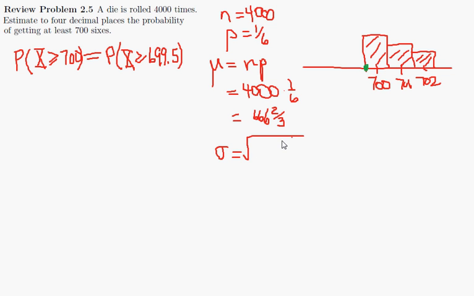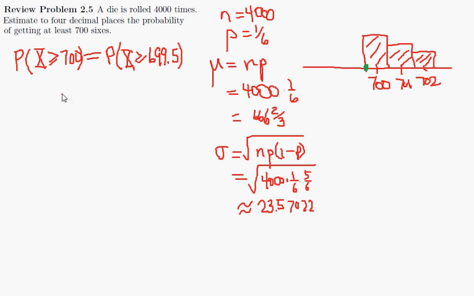For counting problems, sigma is equal to the square root of n times p times 1 minus p. So that's the square root of 4,000 times a sixth times 5/6. Punching into the calculator, that's approximately 23.57022.